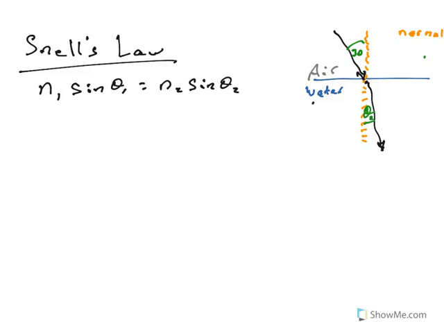So we need to know, what are these terms? Well, N is called the index of refraction. And the index of refraction is a characteristic of the medium that tells you basically the speed of light in this medium.